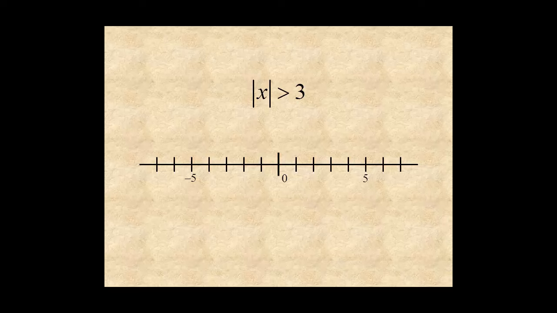To begin with, it's easy to see that all the numbers greater than 3 have absolute value greater than 3. For example, look at the number 4.5. The absolute value of 4.5 is positive 4.5, which is greater than 3.